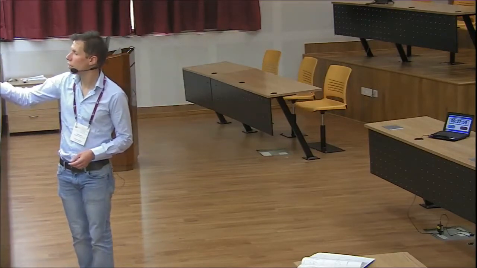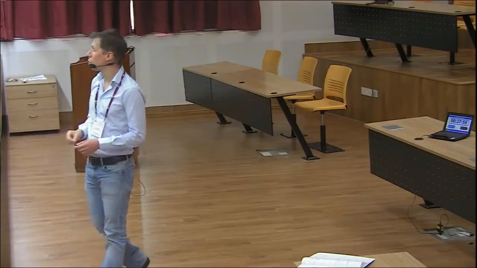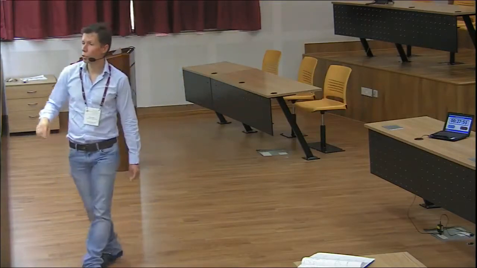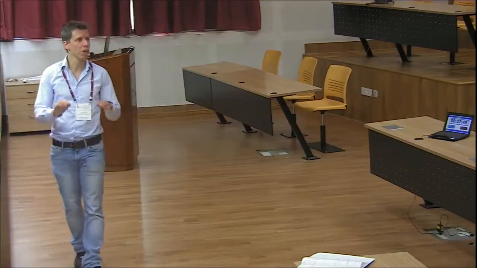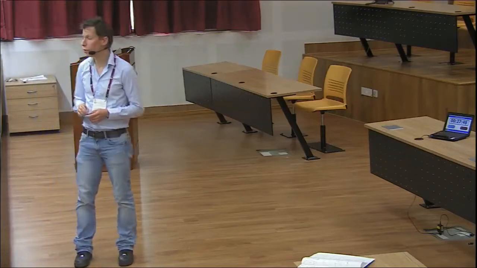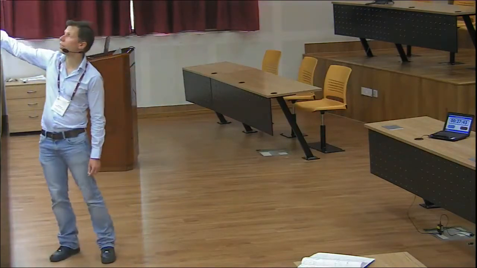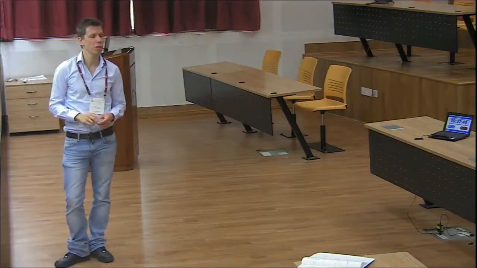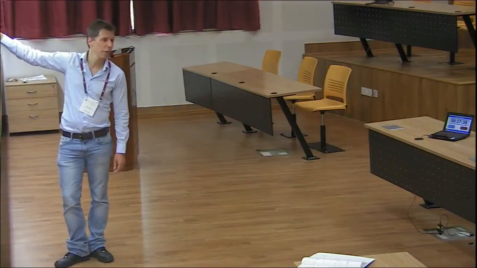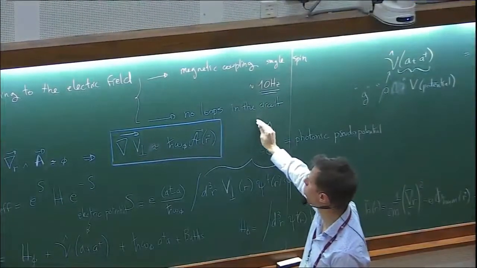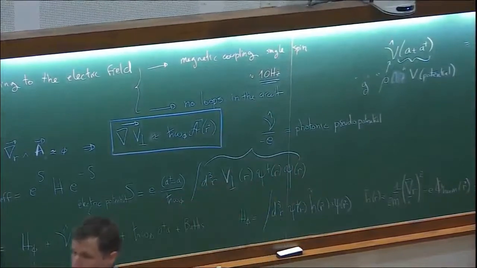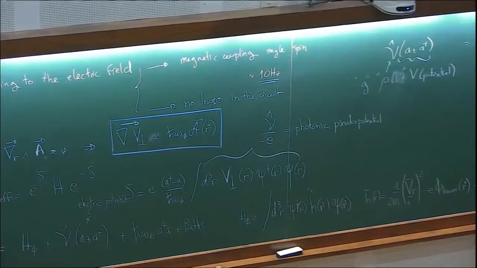This is the usual assumption: the vector potential derives from a scalar potential. We are in the electrical coupling scheme, so the magnetic coupling, since we are coupling to single spins, is way smaller than the coupling which we will measure later on, and there are no loops in the circuit. In mesoscopic circuits you can have loops, but we leave this for the moment.